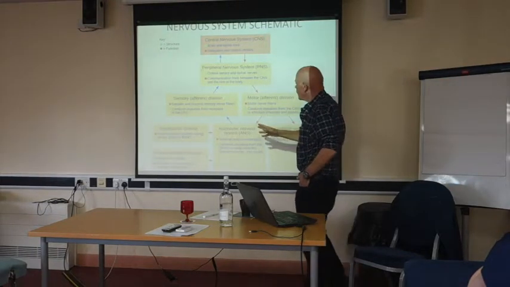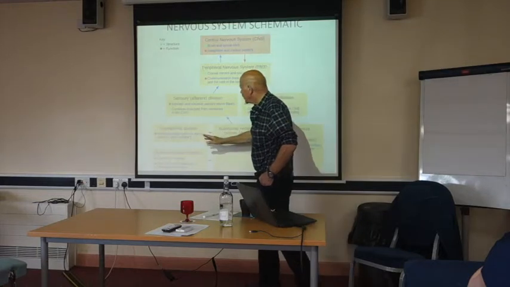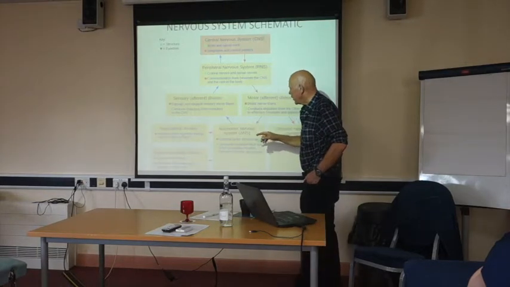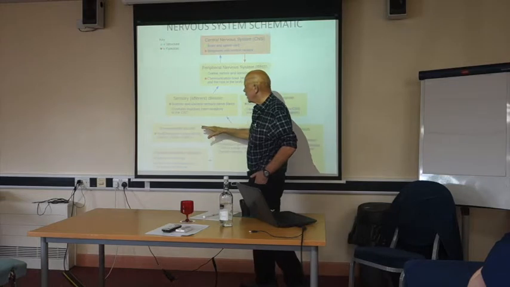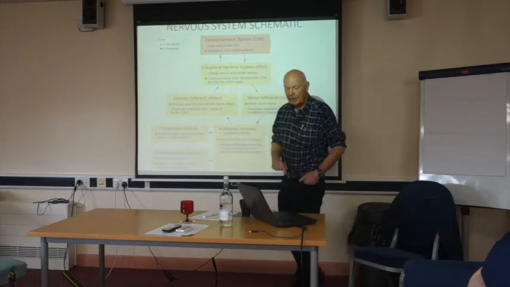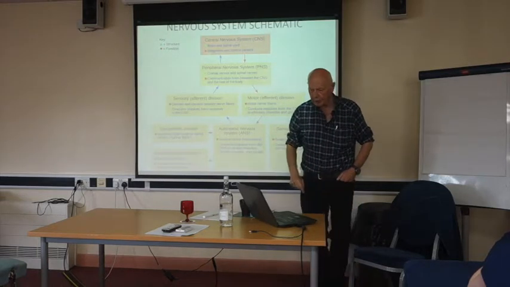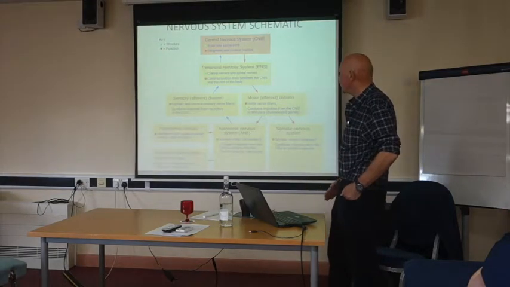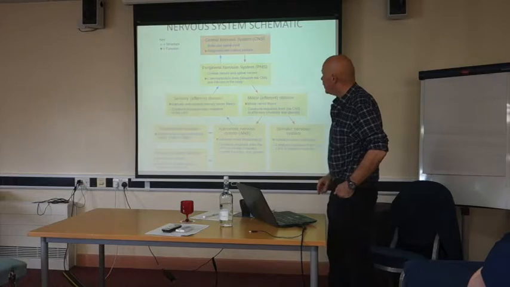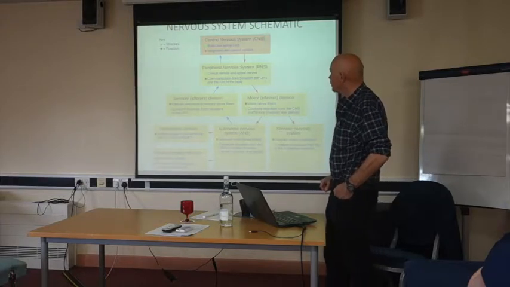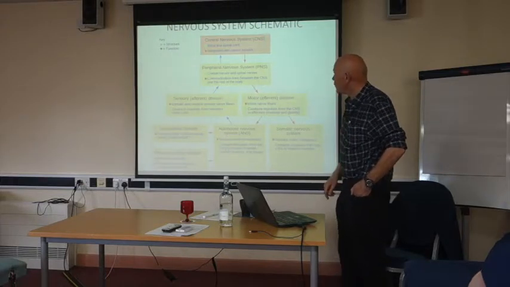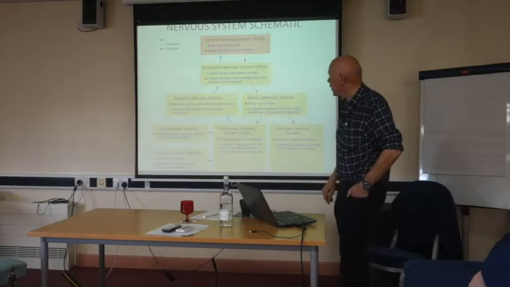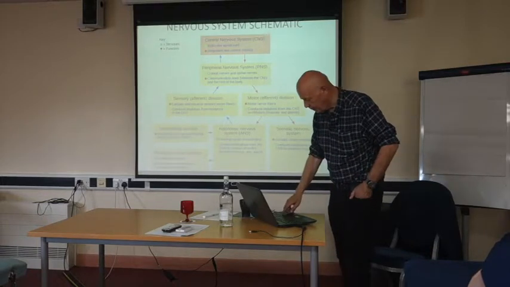Also involved are the autonomic nervous system, sympathetic and parasympathetic, but from the point of view of testing, we're not really going to be interested in those at the moment, not directly anyway. What we are going to be interested in is the motor side and the sensory side, and probably differentiating between the central and the peripheral nervous systems.